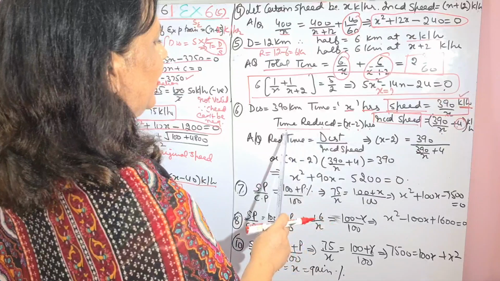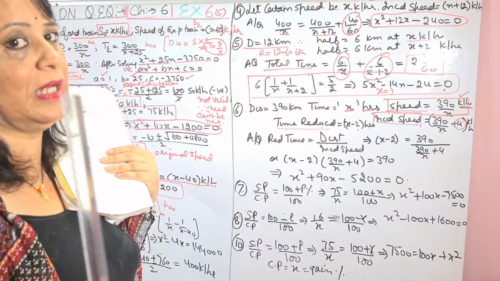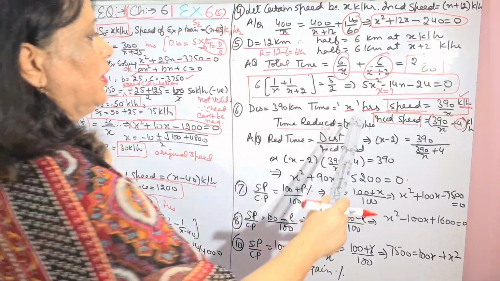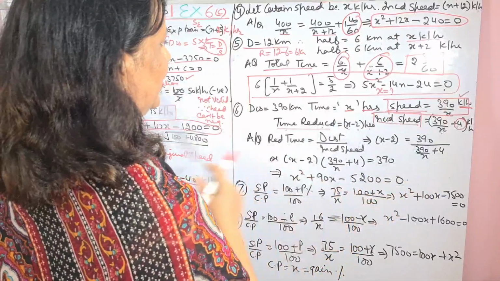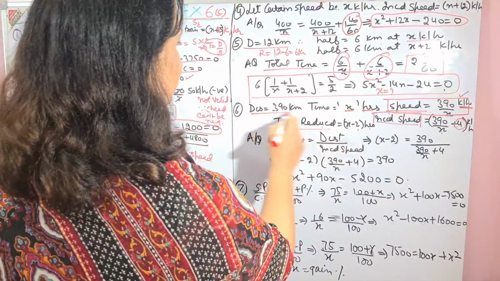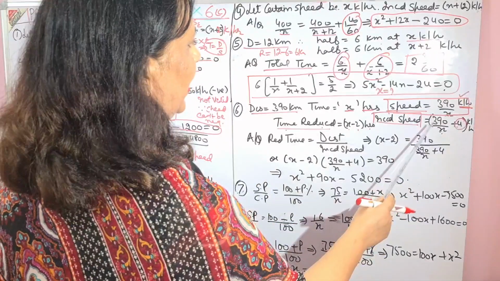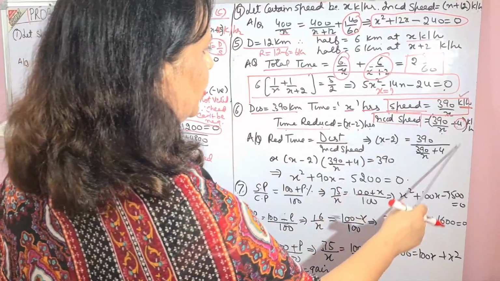You know that time and speed are inversely proportional to each other, and this physics ma'am has made you understand the relation between speed and time. So see, reduced time was x minus 2, distance will remain same 390, as given in the question, and increased speed will be 390 upon x plus 4, as I have done according to the question. So this is my equation.